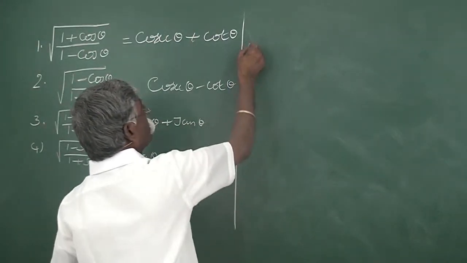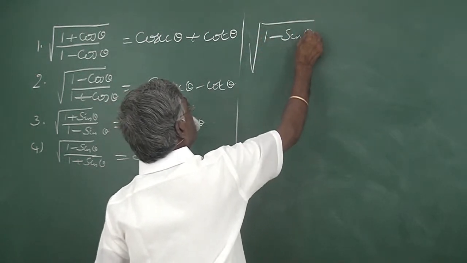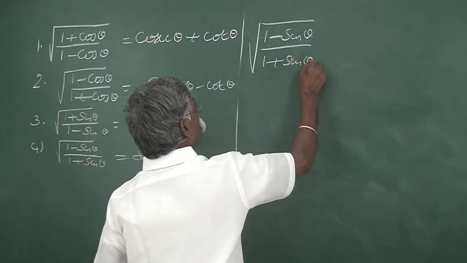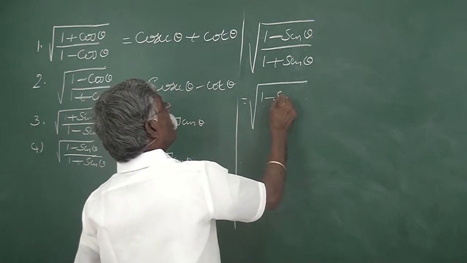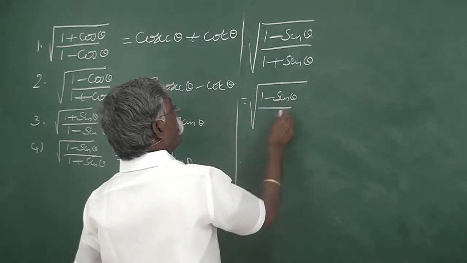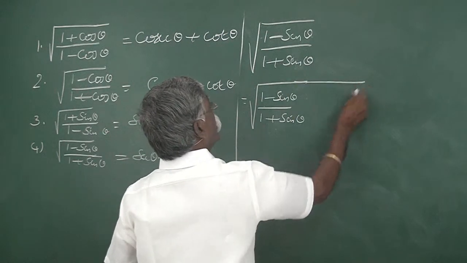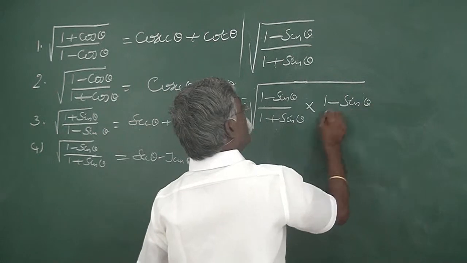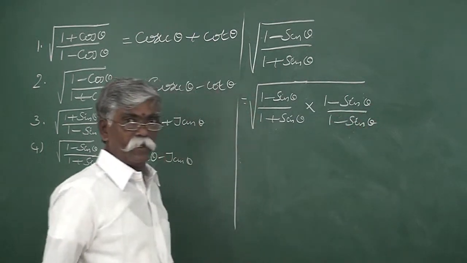The fourth one is root of (1 minus sin theta) by (1 plus sin theta). Let us multiply both the numerator and denominator by 1 minus sin theta.